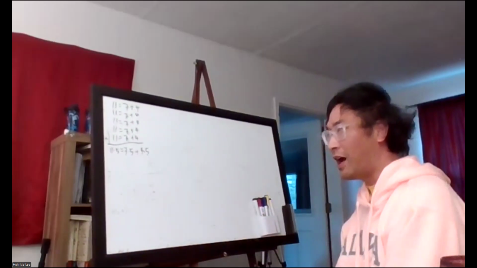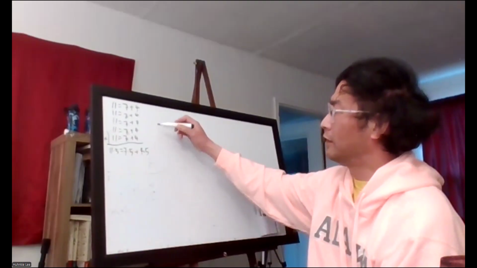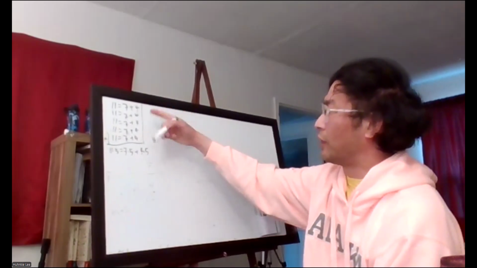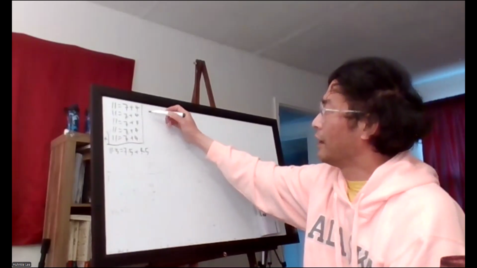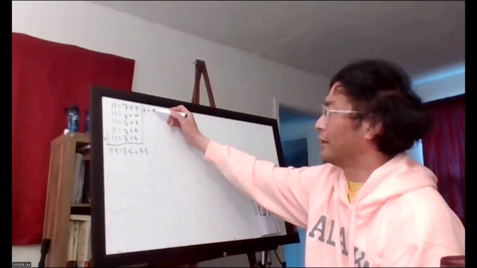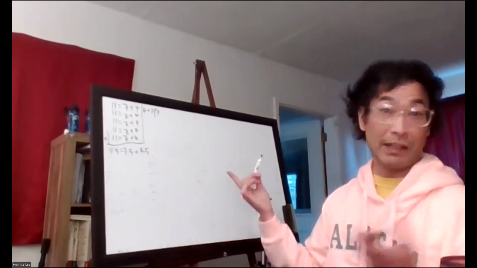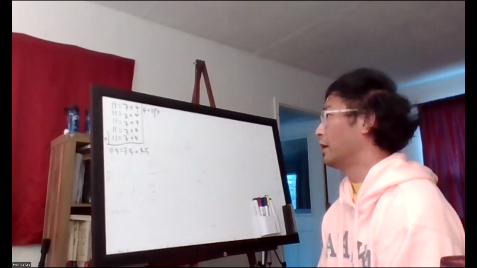Why does it have to be 5? Okay, 4 is 11 minus 7, so we got that 4.